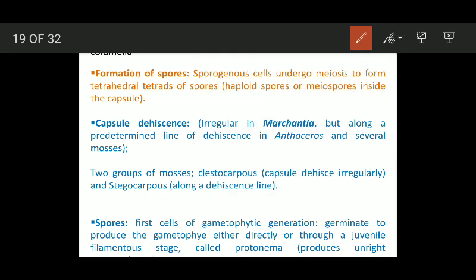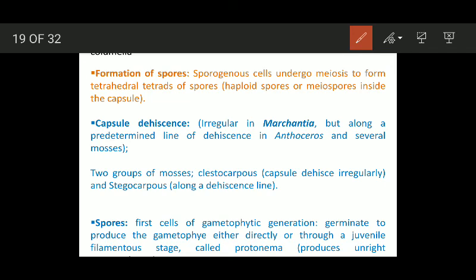Okay, now the dehiscence of capsule, how capsule dehiscence occurs. Capsule dehiscence means breaking up the wall of capsule so that the spores can liberate. Depending upon the species, the dehiscence of capsule differs. It is irregular in Marchantia.